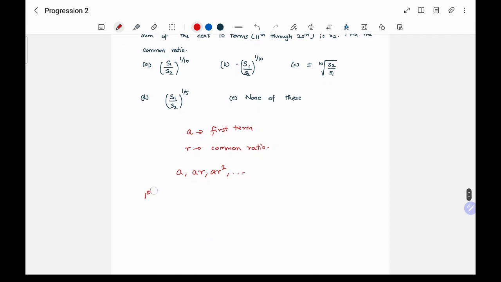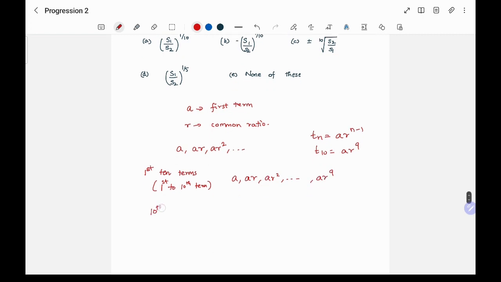So let's take the first 10 terms. So this will be the first to 10th term. The nth term is nothing but AR power n minus 1. So the 10th term will be AR power 9. So if I write it out, it will be A, AR, AR square and so on until AR power 9.